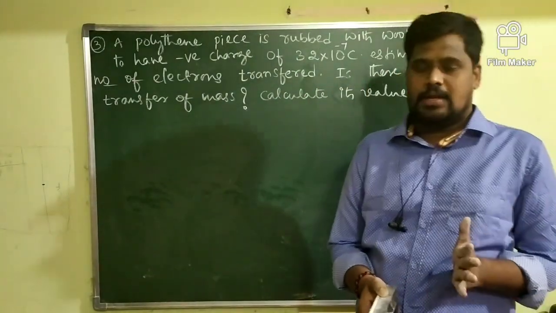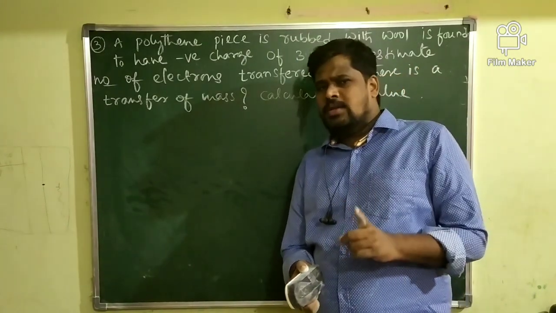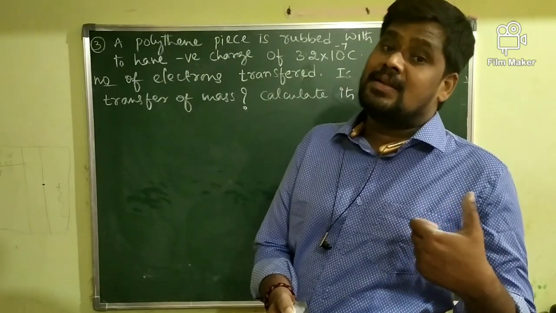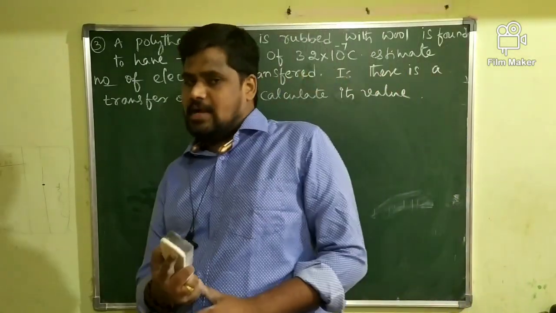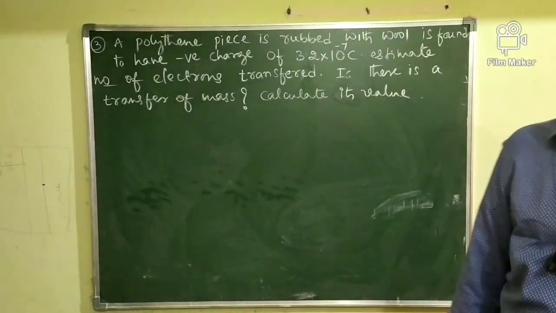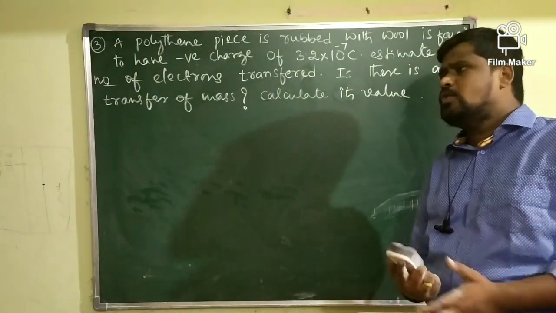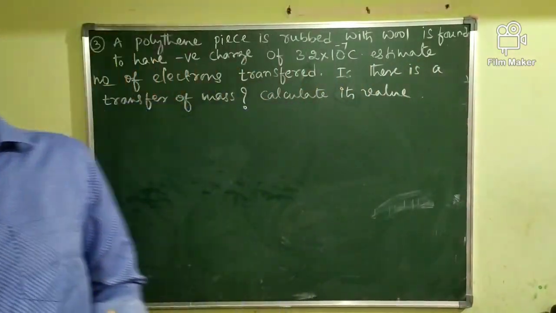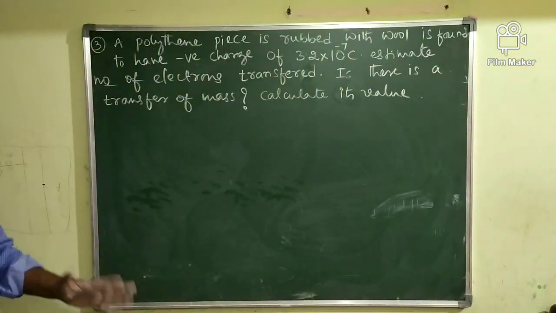Another insulator. As a result, one insulator is losing electrons and another insulator is gaining electrons. Which body is gaining the electron? It is going to have the negative charge, and which body is going to lose the electron? It is going to have the positive charge.